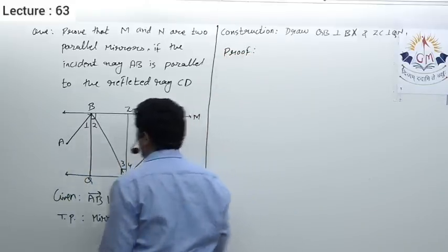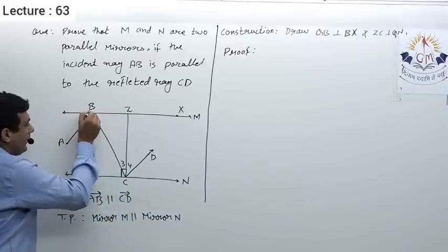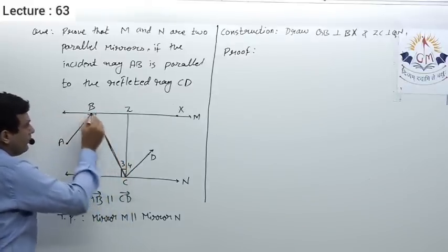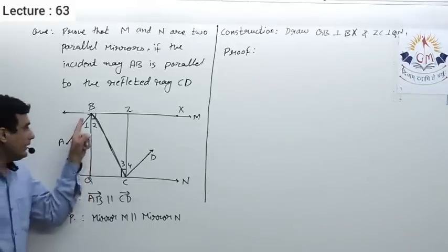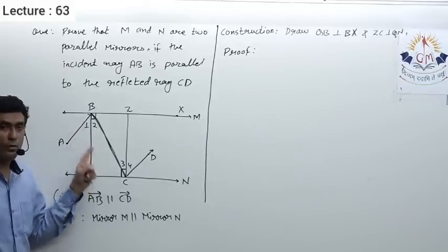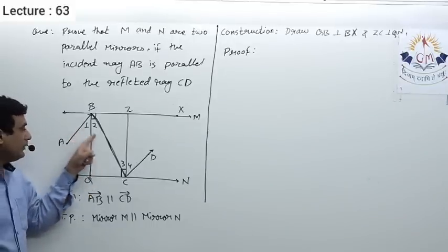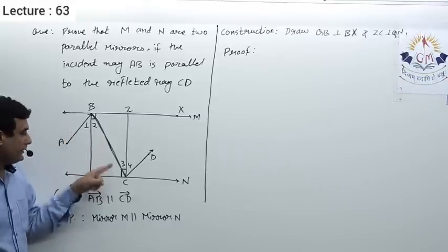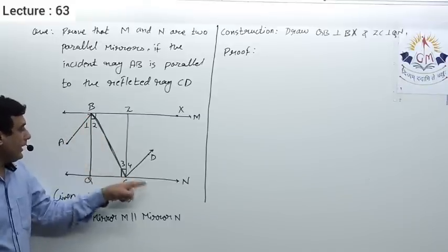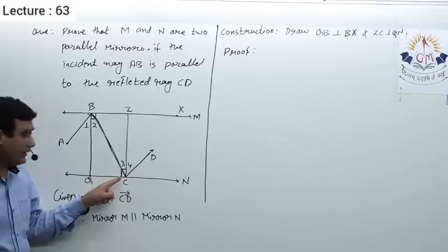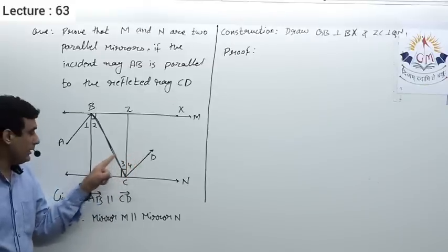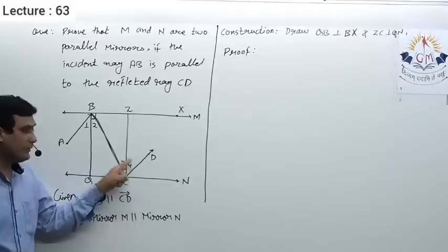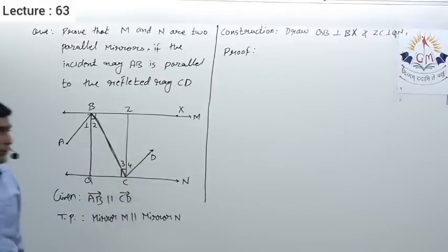First of all, AB is the incident ray and BC is the reflected ray for mirror M. According to the laws of reflection, angle 1 equals angle 2, because the angle of incidence is equal to the angle of reflection. Now for mirror N, BC is the incident ray and CD is the reflected ray. So the angle of incidence will be angle 3 and the angle of reflection will be angle 4. So they will also be equal.